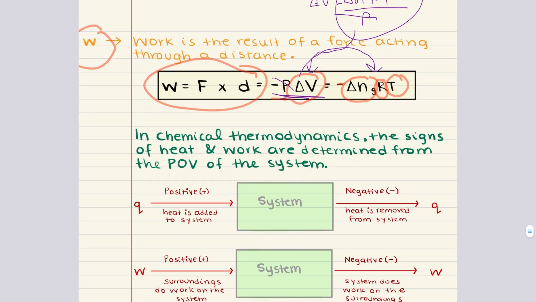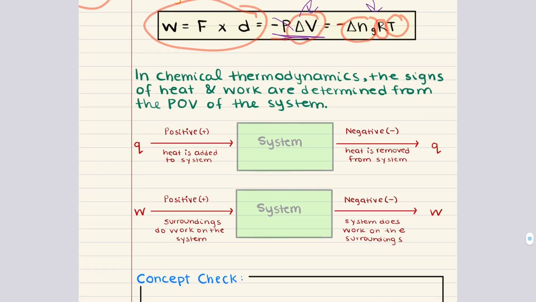Now, whenever we deal with heat and work, we have to be really careful with signs. In chemical thermodynamics, we always view things from the perspective of the system. So the sign conventions look like this. For heat, if heat is added to the system, then q will be positive.